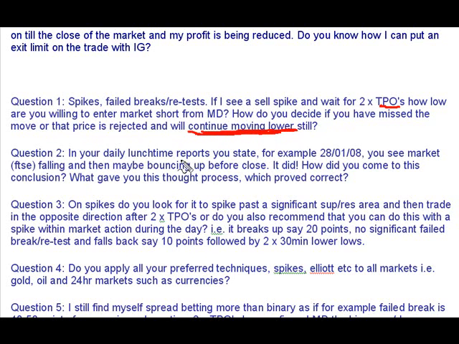Question 2. In your daily lunchtime reports, you state, for example, 28th of January 2008, you see the market falling and then maybe bouncing up before the close. It did. How did you come to this conclusion? Okay, let me just check the chart. It's a great shame to shatter illusions. On the 28th, I actually said that I thought it would end lower, which it didn't do, in fact.